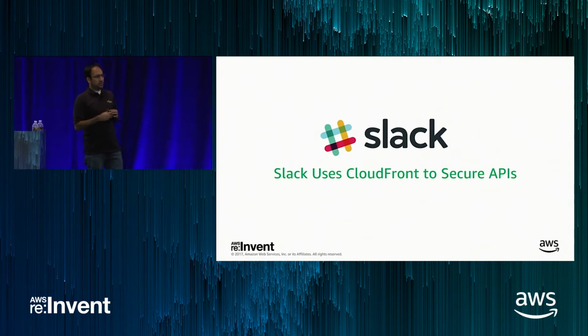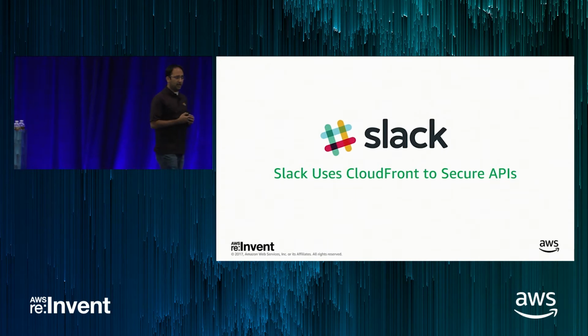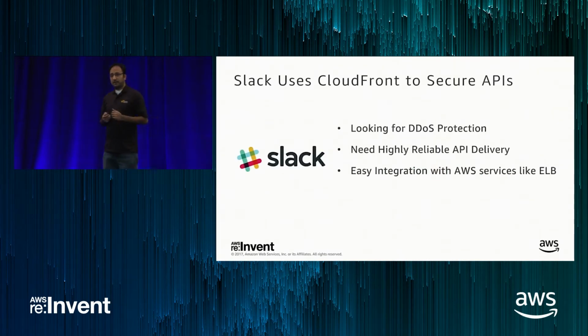Just to show you an example, Slack is one of the customers who realized this, and they use CloudFront to protect their APIs. Early last year, Slack was looking for DDoS protection for their APIs. But equally important for them, they needed a DDoS provider that is reliable and highly available. They didn't want the DDoS provider to be a single point of failure for their APIs, because availability is super important.